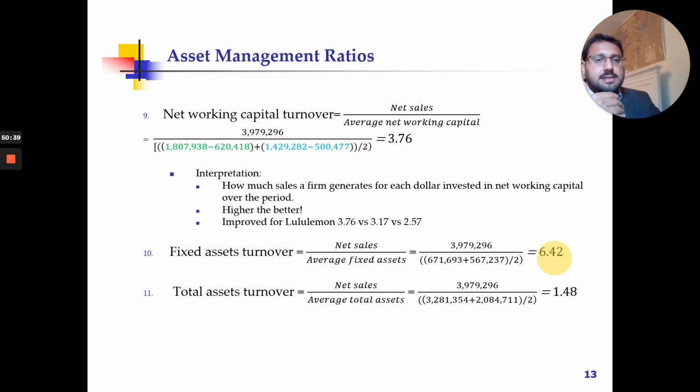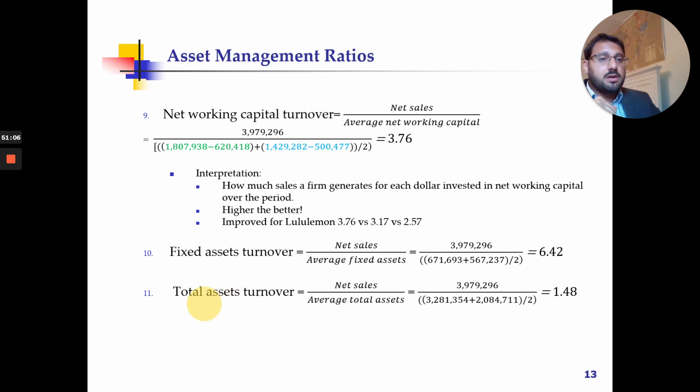So in that case, this ratio can be small sometimes. So you have to be mindful. You need to see which industry the company which you are analyzing is in. Is it a capital intensive industry, or is it not a capital intensive industry?